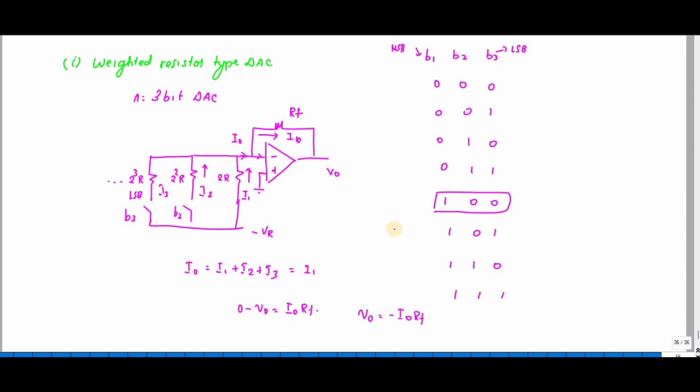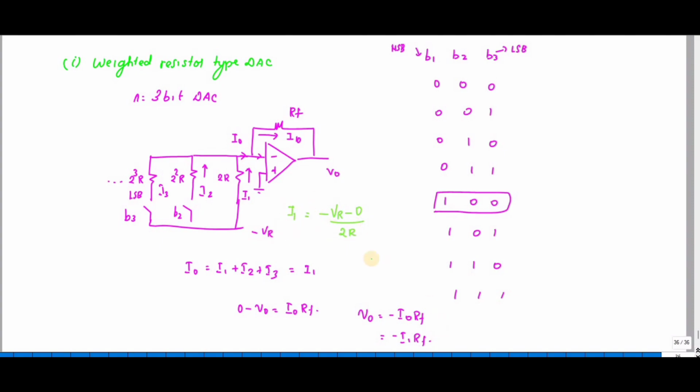So what is my I0? I0 is nothing but I1. From this diagram, I can write I1: minus VR minus 0 divided by 2R. This is my I1.